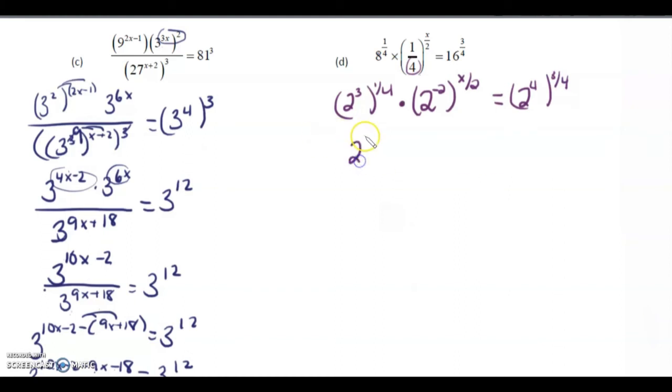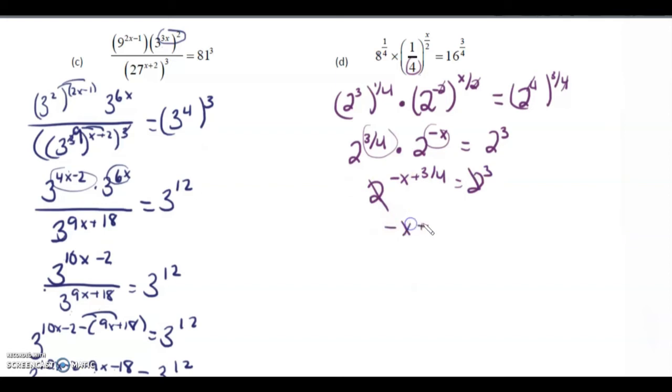Okay, so I get 2 to the 3/4 times 2 to the, these 2's cancel out, negative x, equals, these 4's cancel out, I get 2 to the 3. Okay, I'm going to add these two exponents to negative x plus 3/4, and now I'm going to drop the bases.